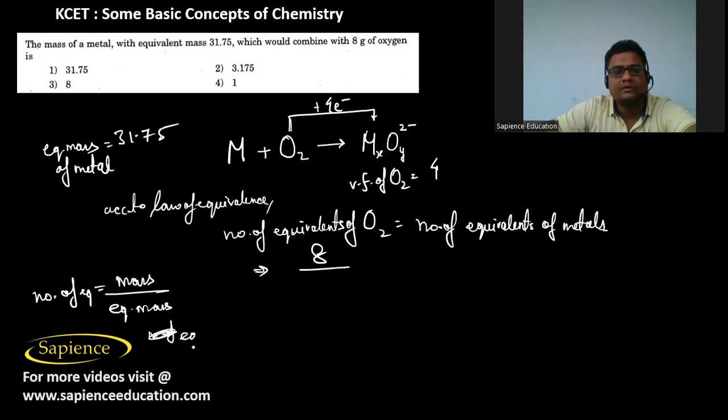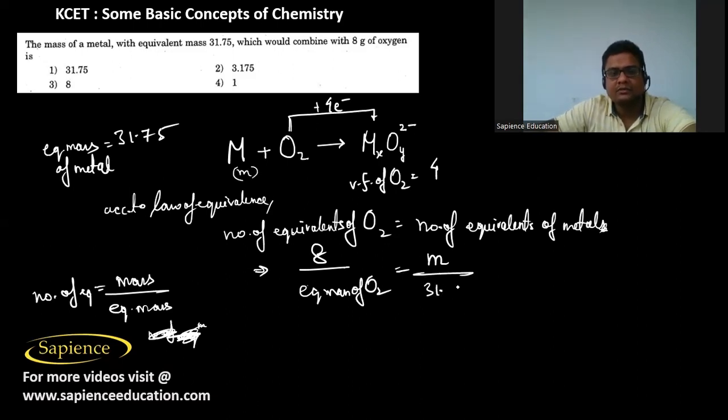So 8 by the equivalent mass of oxygen we have to use, is equal to the number of equivalents of the metal, that is the mass of that metal we have to find out, which will react with oxygen. So m by the equivalent mass of the metal is 31.75 gram.